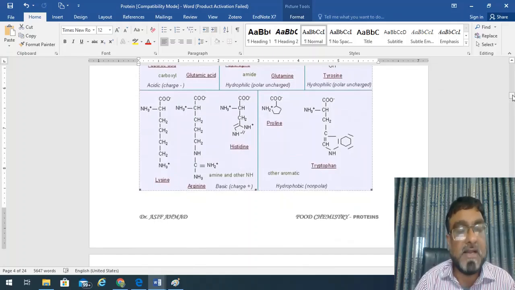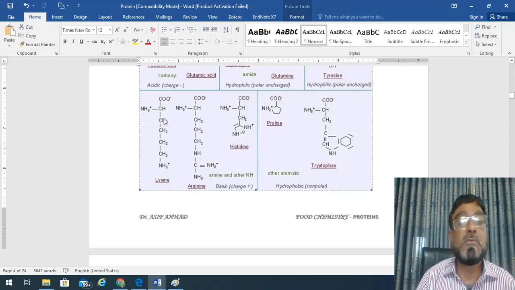Then we will be looking at the basic amino acids. Previously we have seen the aspartic acid and the glutamic acid. These have the acidic behavior, and these three amino acids have the alkaline behavior: lysine, arginine, and histidine, right? So that is containing an extra amino group in it.